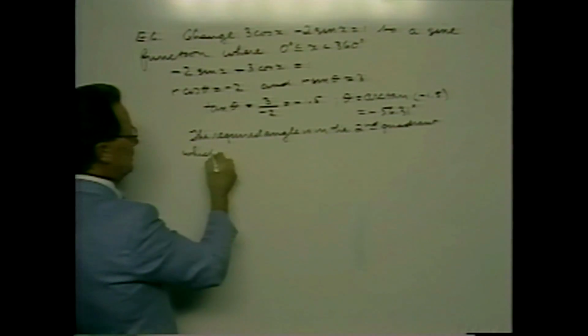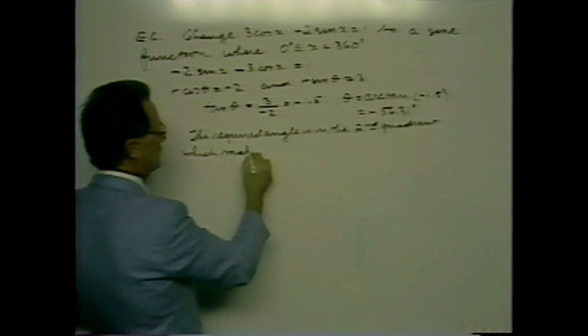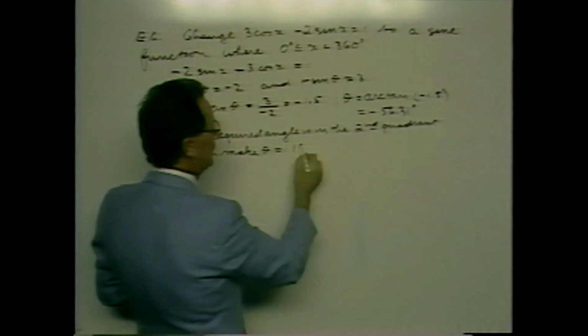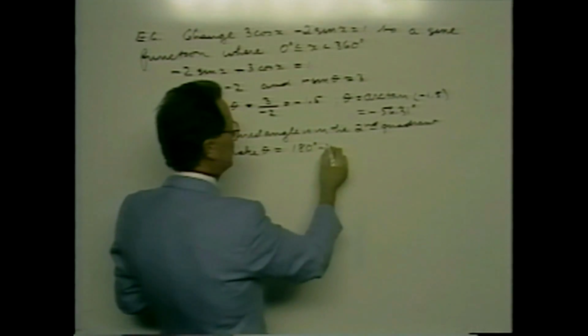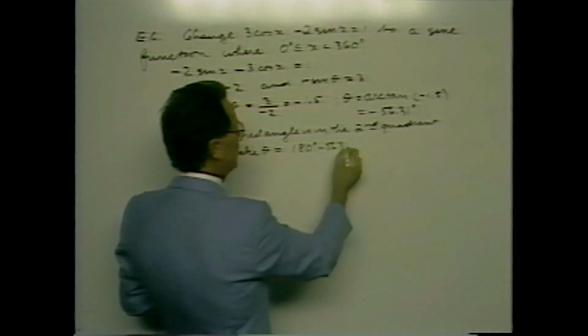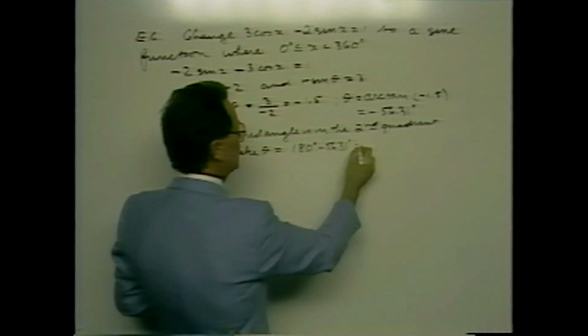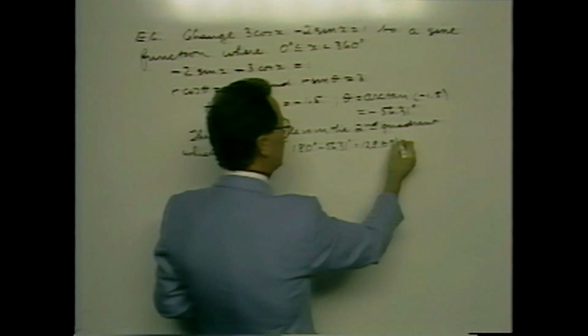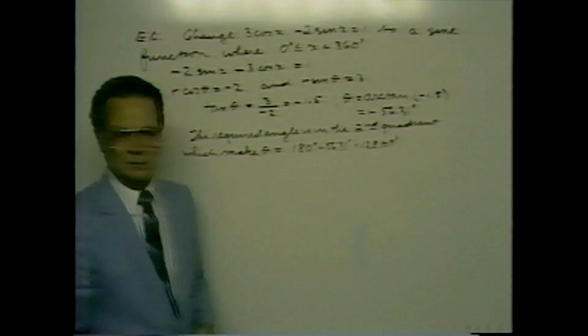which makes theta equal to 180 degrees minus 56.31 degrees, which is equal to 123.69 degrees.